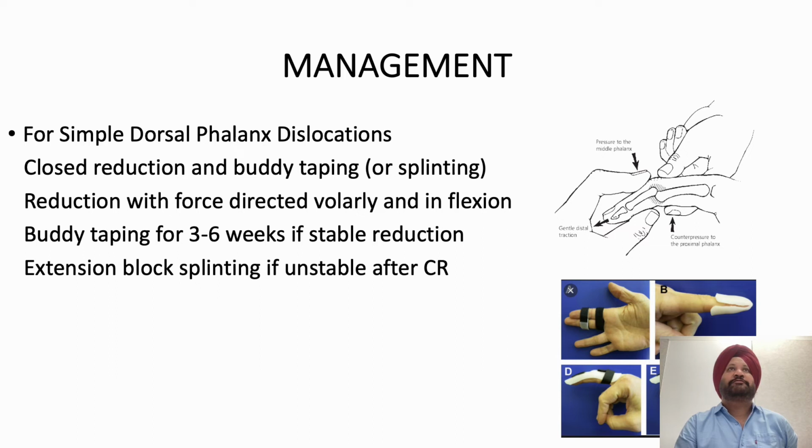We can reduce with force directed volarly and in flexion. The figure shows this. Buddy taping can be continued for 3 to 6 weeks if it is a stable reduction, or we can put an extension block splint if it's unstable. So reduction, buddy taping for 3 to 6 weeks, and extension block if it is not stable. Figure A is buddy taping, then extension block.